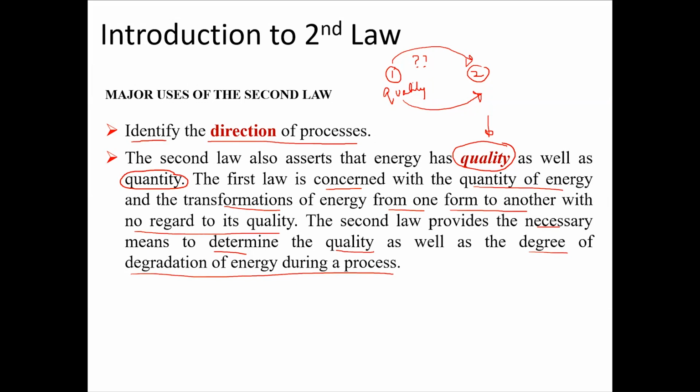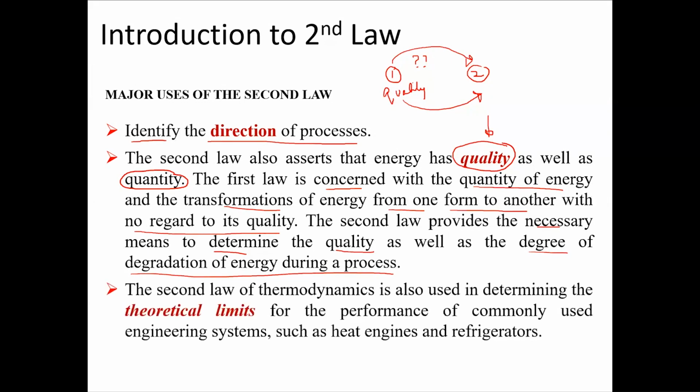The third aspect associated with the second law is the determination of theoretical limits of a process. If you perform any process or a cyclic process, the second law would help you determine the theoretical limit.